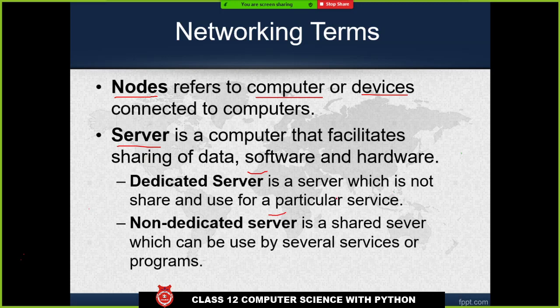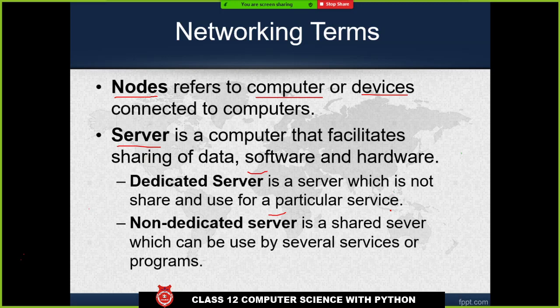When we say dedicated server, it is a server which is not shared and used for one particular service only. For example, if I use one server for printing purpose only, it is a dedicated server for printing. And if I use one server for file sharing only, it is a dedicated server for file sharing.